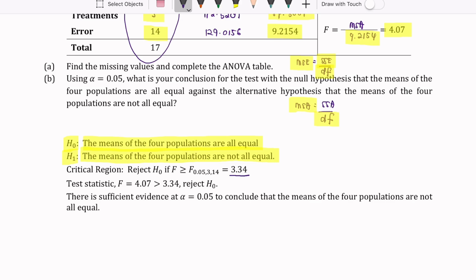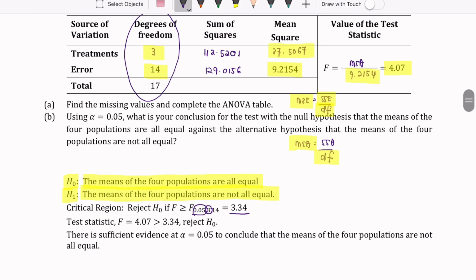3.34. We have F value, F alpha is 0.05, and the degree of freedom of numerator, which is 3, and degree of freedom of denominator, which is 14. By looking at the F table, we will get F 0.05, 3, 14 equal to 3.34.